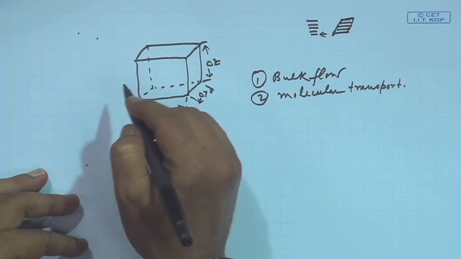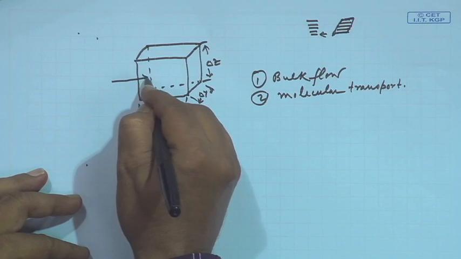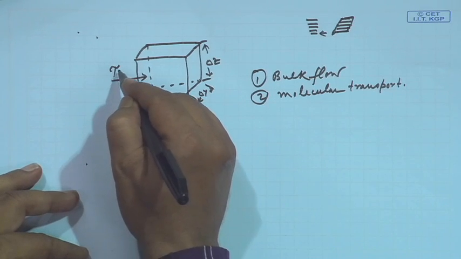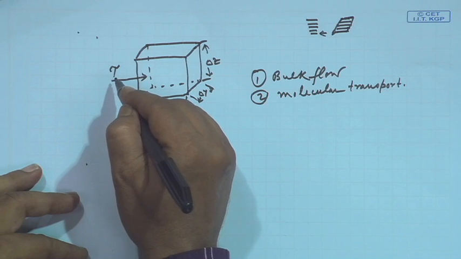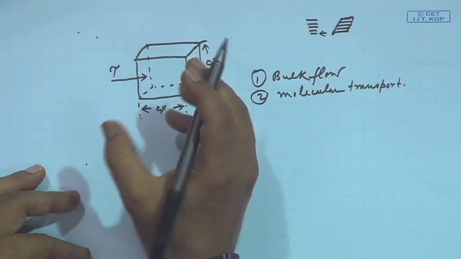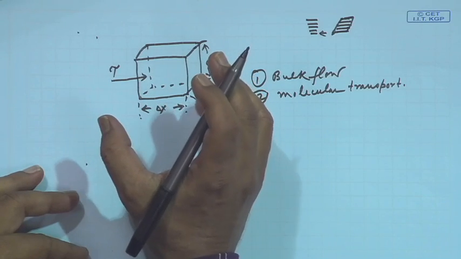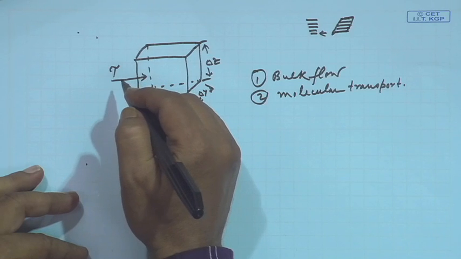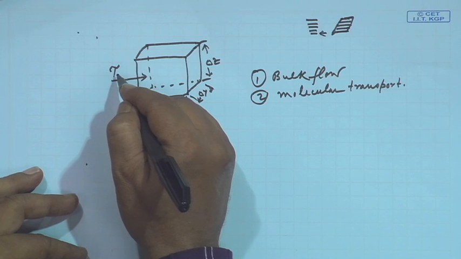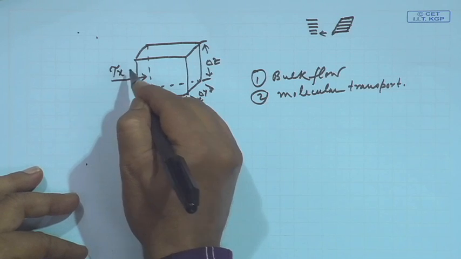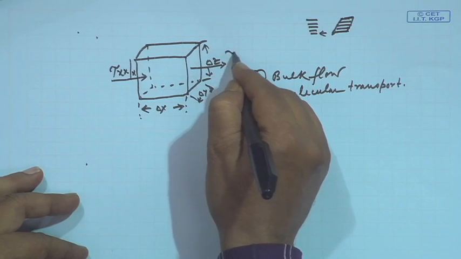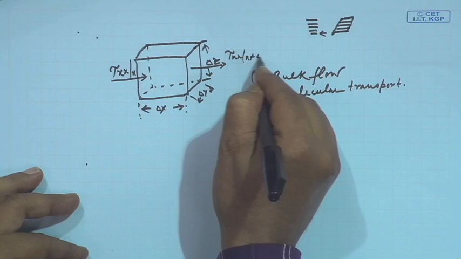So this molecular transport, if we consider that, is normally represented by the symbol tau. Unfortunately, maybe in our slides that tau might not have come properly, it might be in place of tau, but it is exactly the tau. So, tau xx at the face x and tau xx at the face x plus delta x.